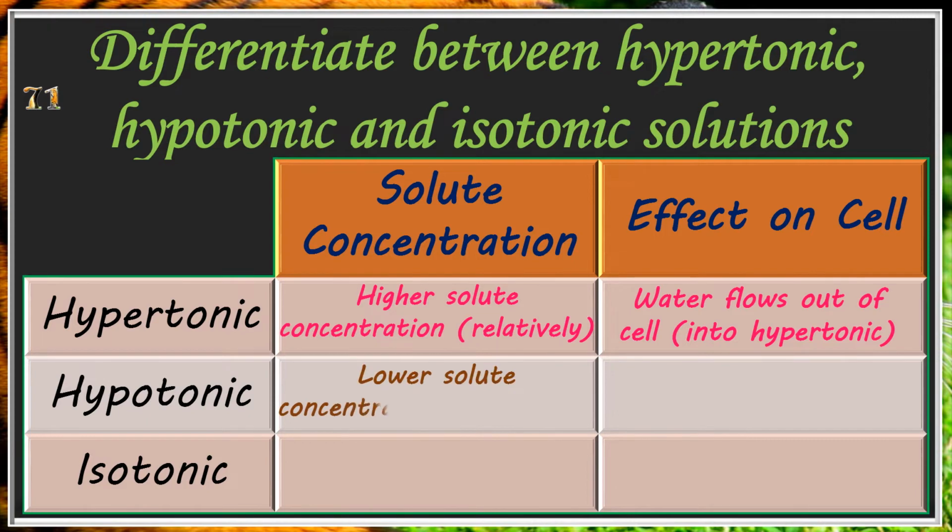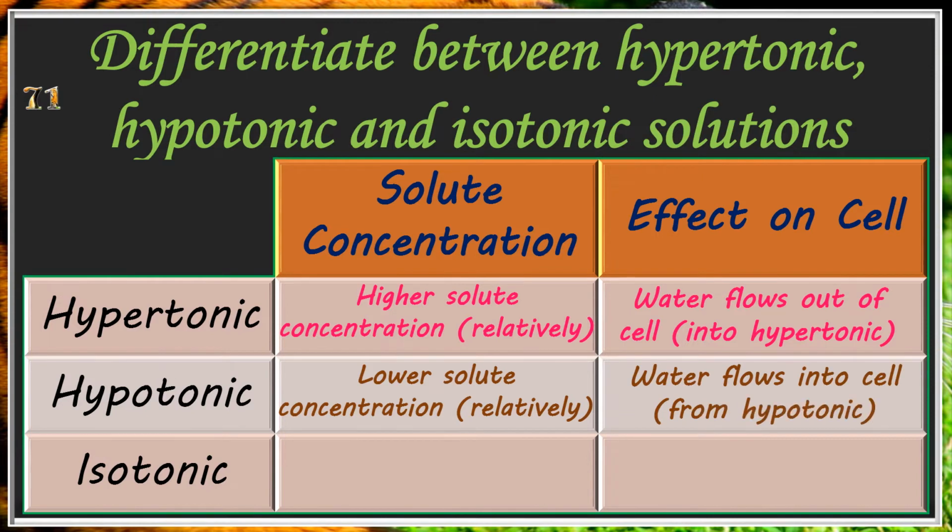Hypotonic solution. The concentration of the solute is lower relatively, or it has a lower solute concentration. And its effect on the cell, it is going to cause the water to flow into the cell from the hypotonic solution. Then we have the isotonic.